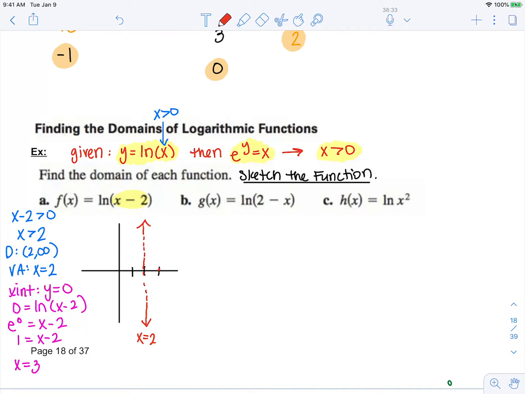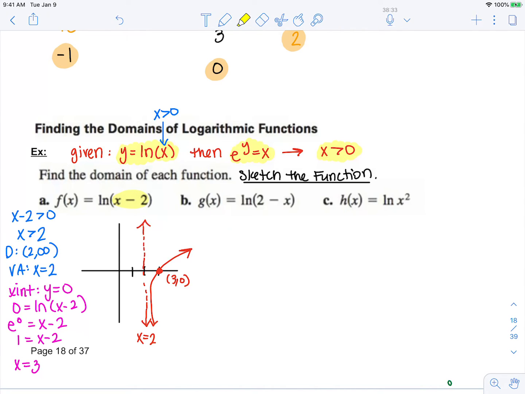And I know my x-intercept is here at (3, 0). And remember, logarithmic functions always get really close to that vertical asymptote and grow. So this is a way of sketching with my vertical asymptote and my x-intercept.